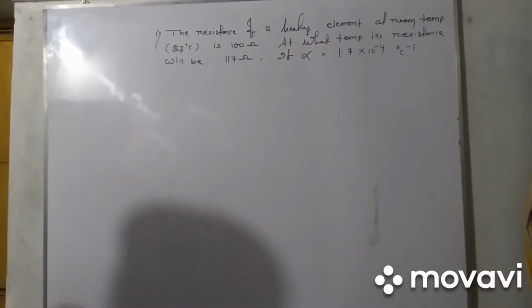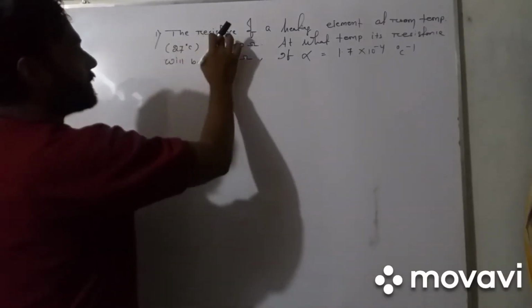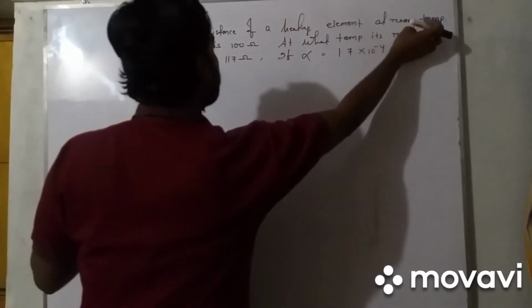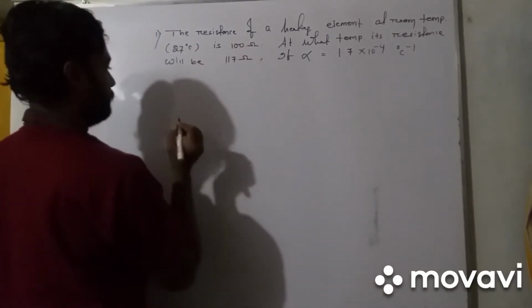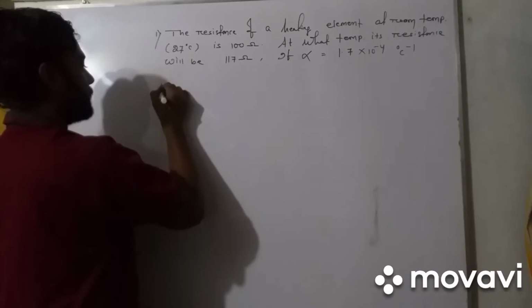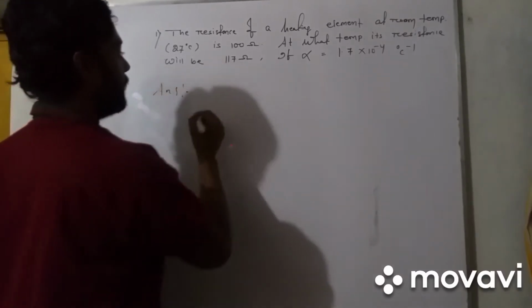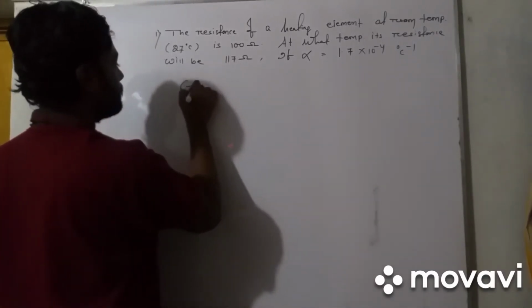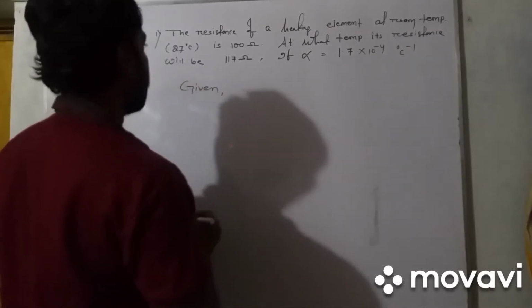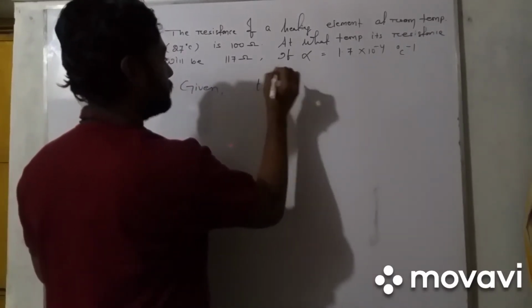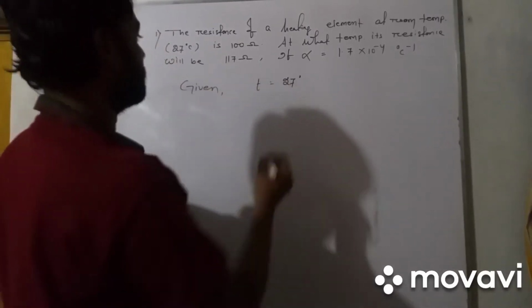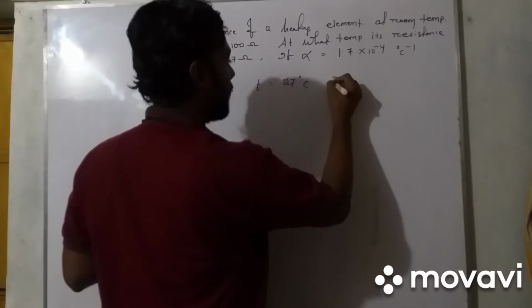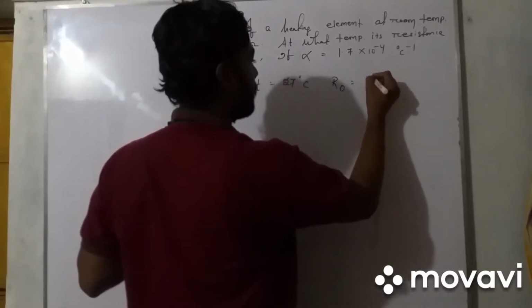Okay, so here in that case, the resistance of the heating element at room temperature 27 degrees Celsius is 100 ohm. That means, given: at T equal to 27 degree centigrade, the initial resistance is equal to 100 ohm.